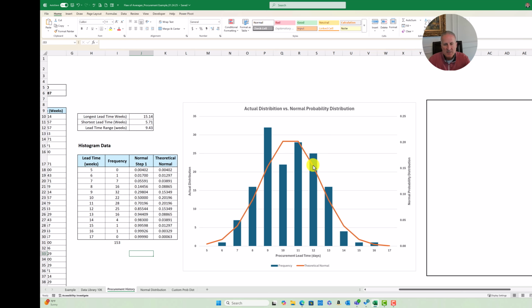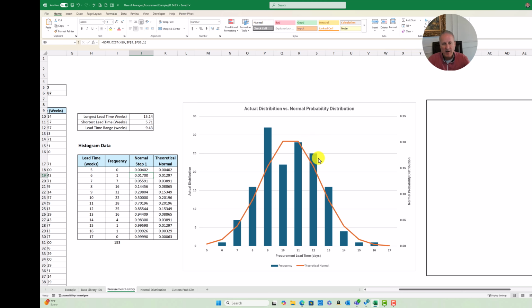What I want to see is how the data I actually pulled in my histogram compares to a normal distribution. We made the assumption when we did the Monte Carlo simulation that it was a normal distribution, and I want to check how accurate that assumption was. I'm going to use the NORM.DIST function to pull numbers for each of these values.